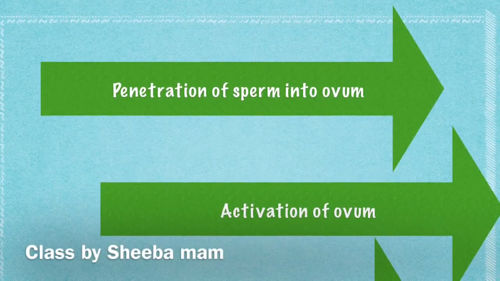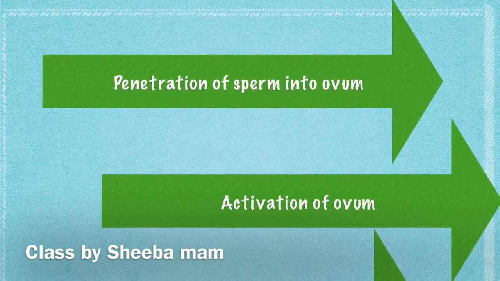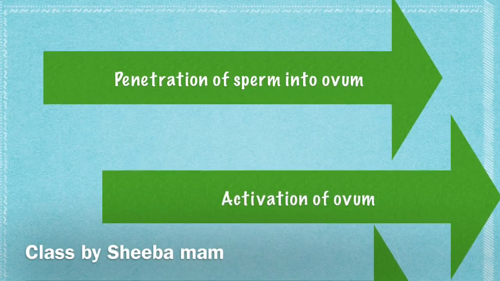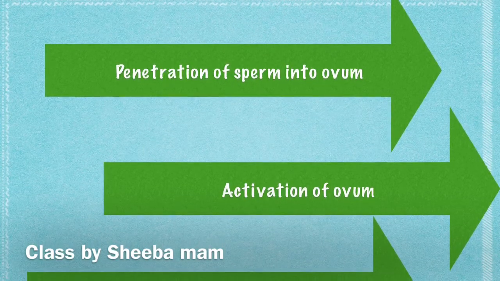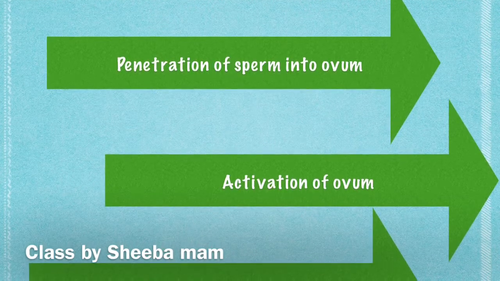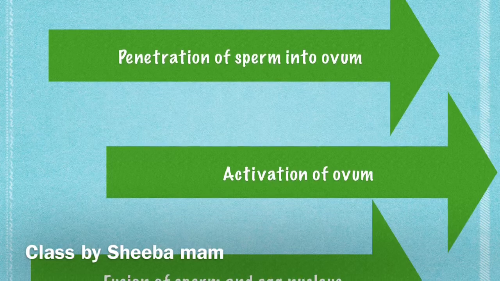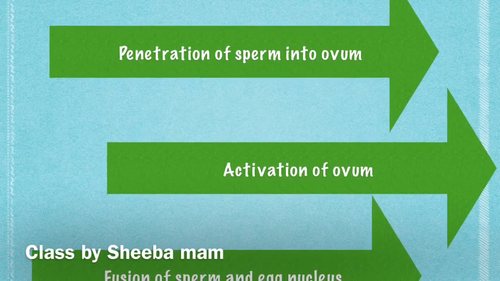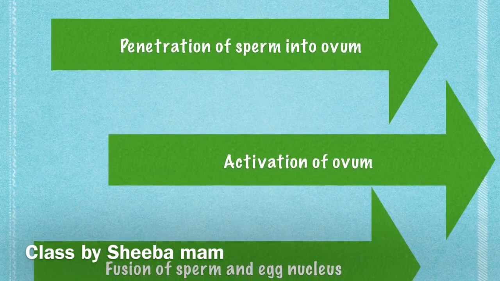As the sperm enters the ovum, which is actually a secondary oocyte, it gets activated and undergoes the second meiotic division. As a result of this, the secondary oocyte produces a haploid ovum and a polar body. The polar body ultimately degenerates and the ovum contains haploid number of chromosomes.